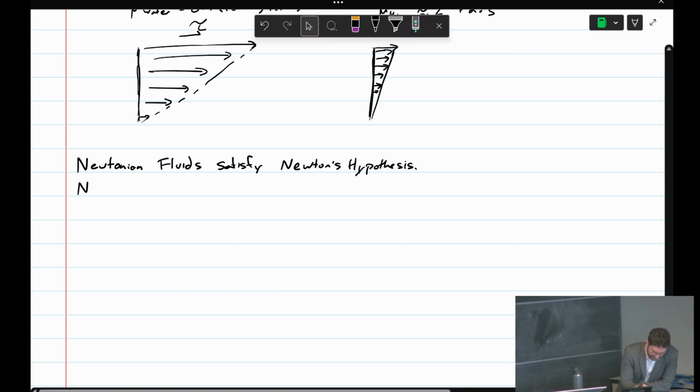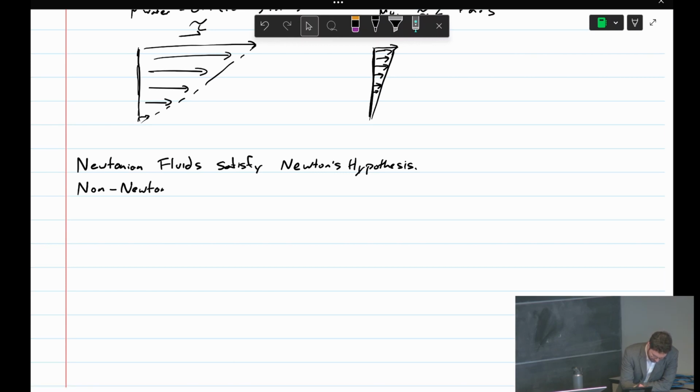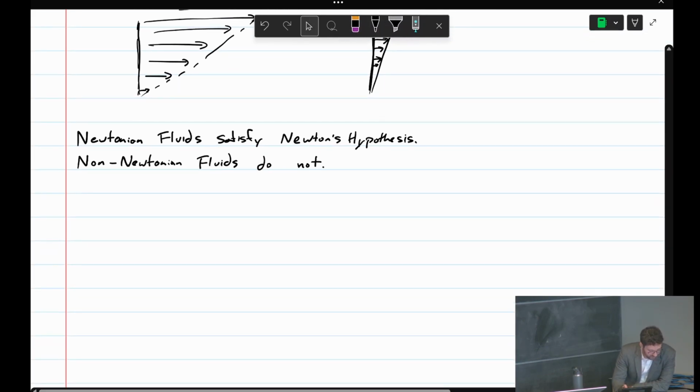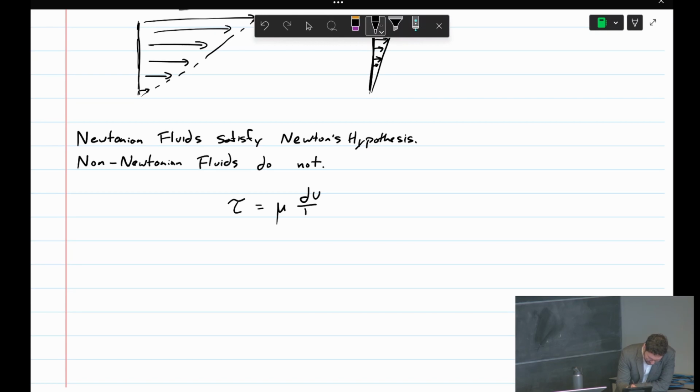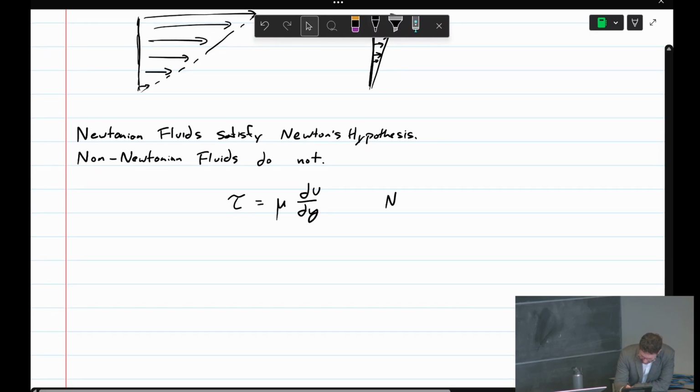So non-Newtonian fluids, as you expect, do not. I'll write tau is mu du dy, just to remind ourselves of what Newton's hypothesis is.